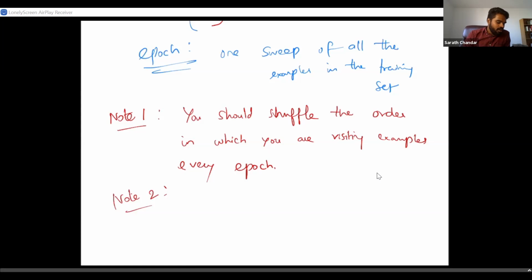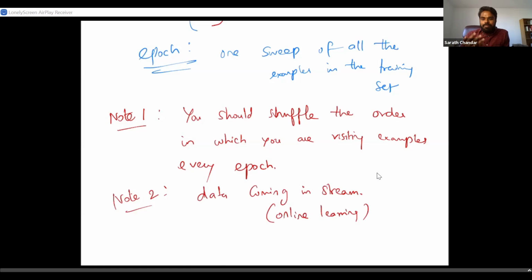That is a situation where the data comes in a continuous stream, rather than a fixed data set. This is often known as online learning. You have deployed your system, now it sees new examples, and it has to make predictions on the spot. This is an online learning setting where you can only do SGD. You cannot wait to collect the entire data to do gradient descent, so you have to do SGD.